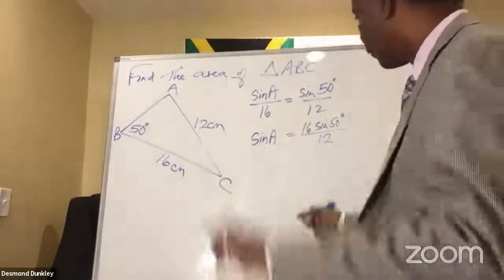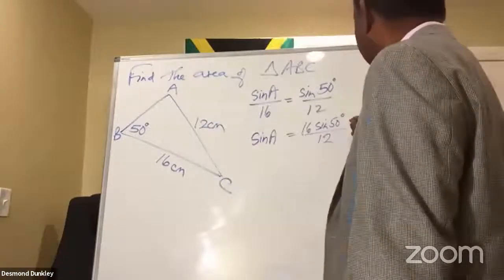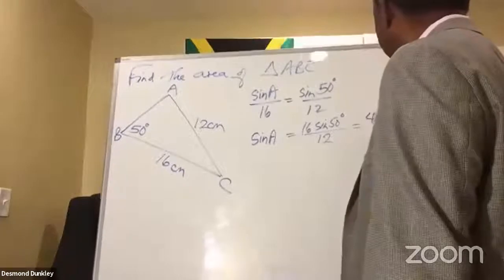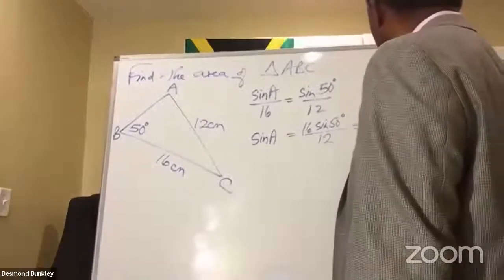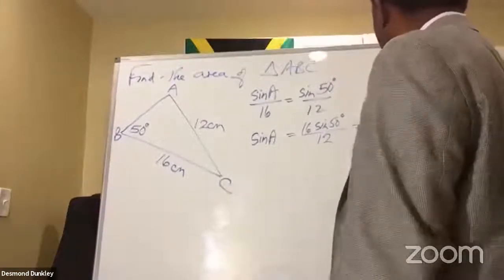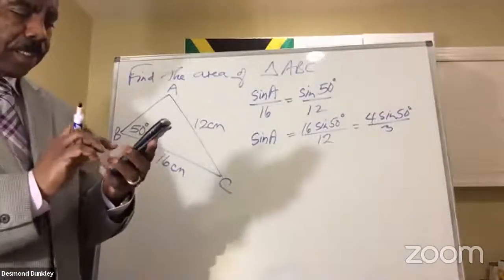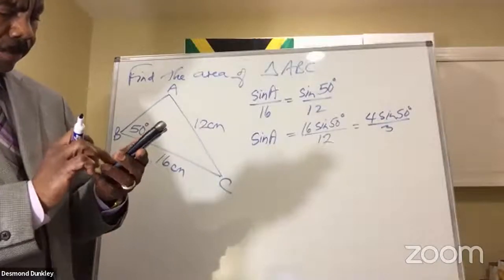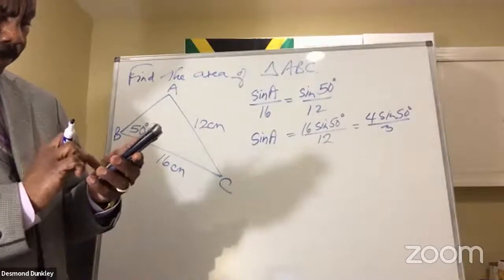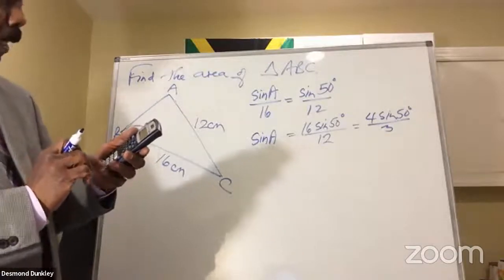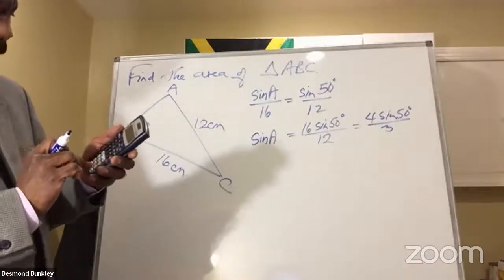So let's keep our fingers crossed. So this is actually equal to, divide this by 4, 4 sine 50 over 3. Now we grab our calculator and we do 4 sine 50. So it's 4 times sine of 50 degrees. And that's equal to a number. And then we're going to divide.